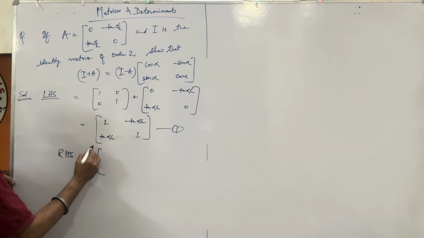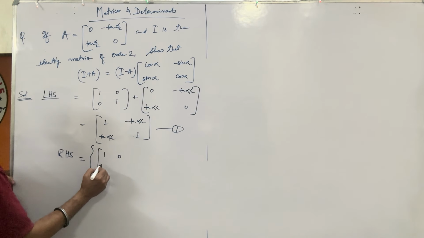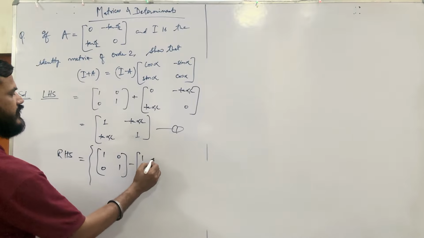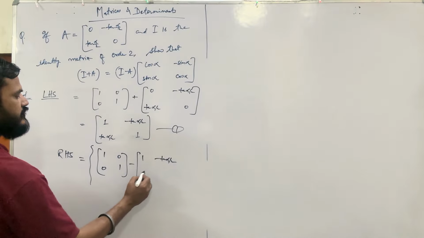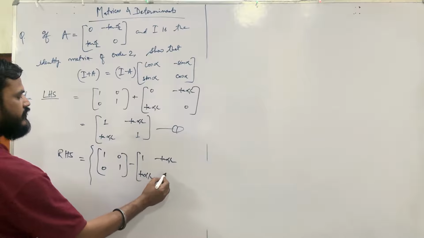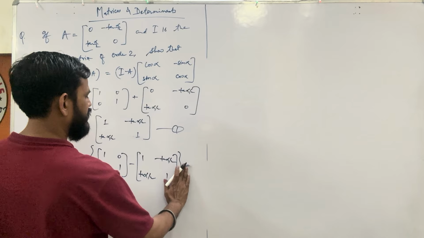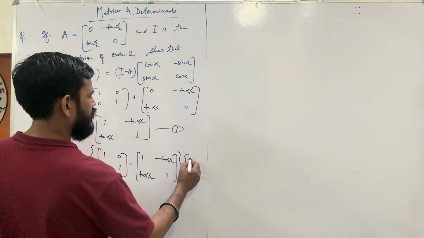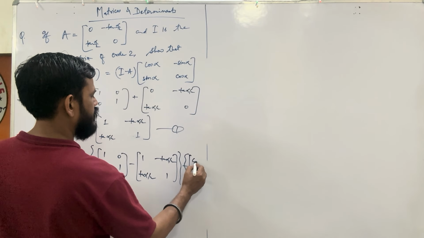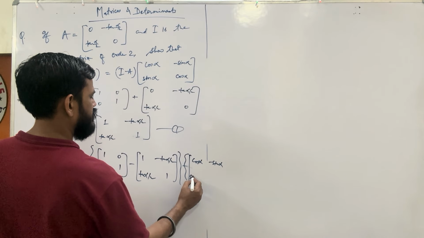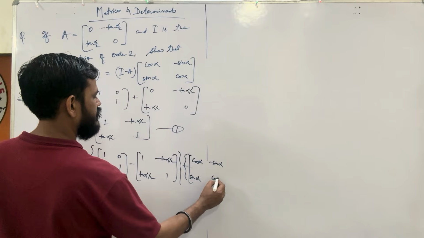The right hand side will be the matrix I minus A, which is 1 minus tan alpha by 2, tan alpha by 2, 1, and then we have multiplied by cos alpha, minus sin alpha, sin alpha, cos alpha.